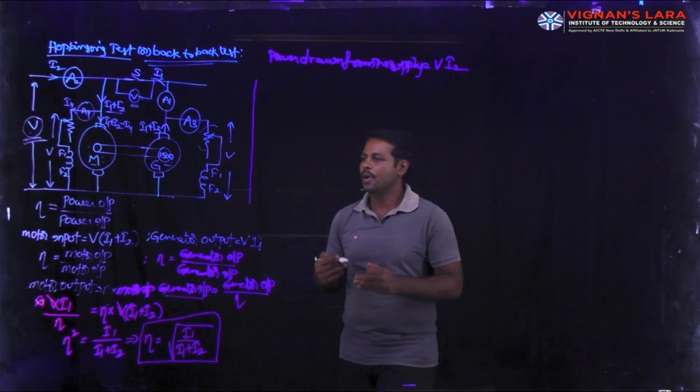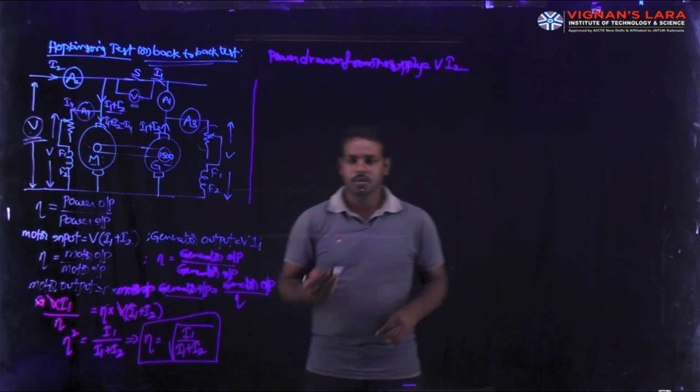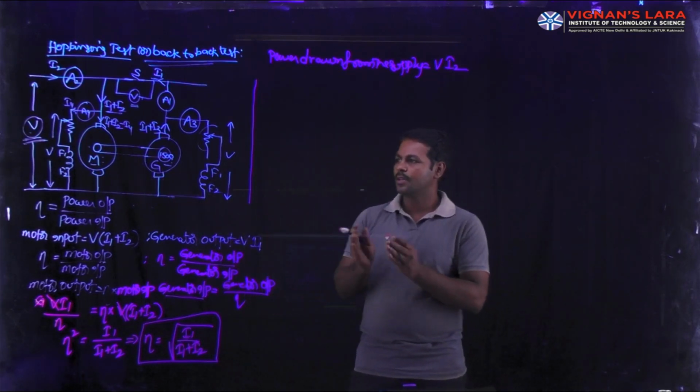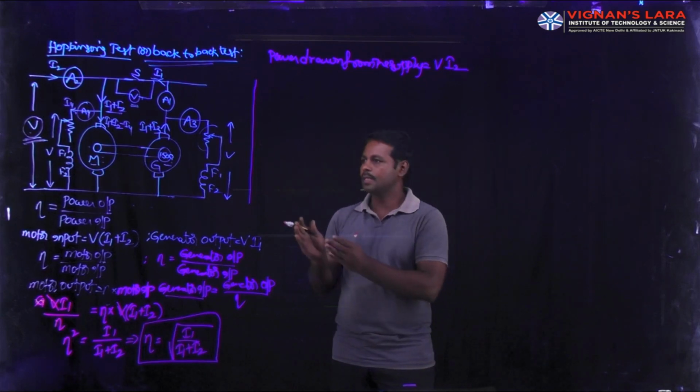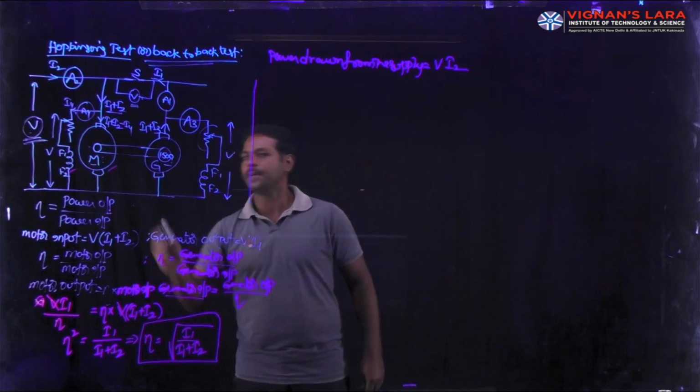First of all, what types of losses exist in a generator and motor? Two types of losses are considered: one is the armature copper loss, and the second is the shunt field copper loss.